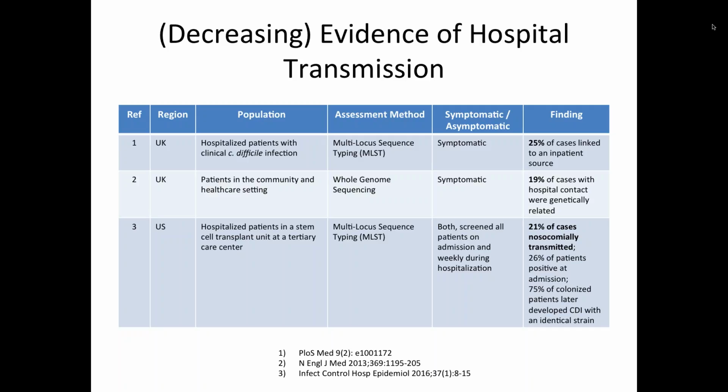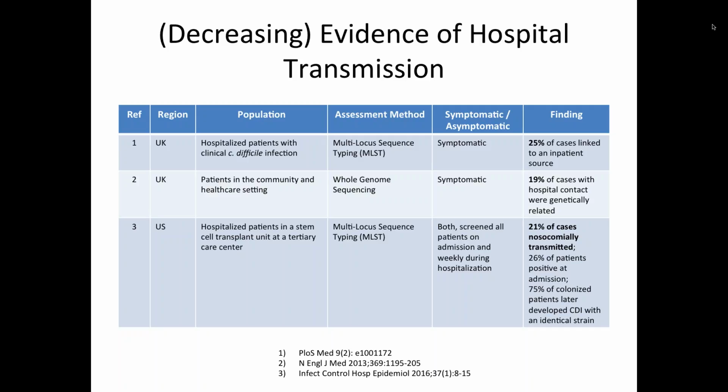And so they were technically assessing both symptomatic and asymptomatic patients, but a lot of these patients had no symptoms at all. And in this study, they determined that 21% of these cases were nosocomial transmitted, meaning the rest of the 79% they suggested were from another source, or they didn't develop this infection while they're there in the hospital.